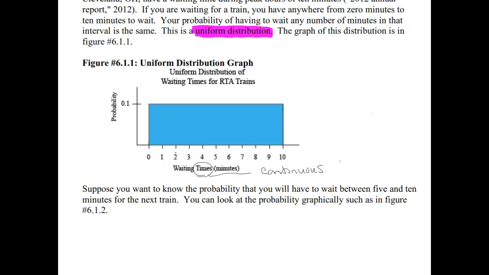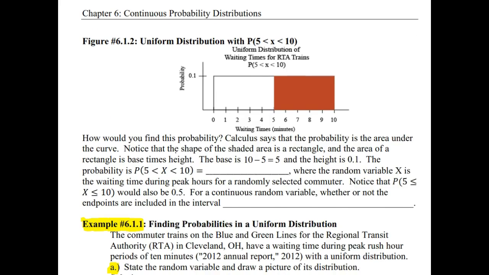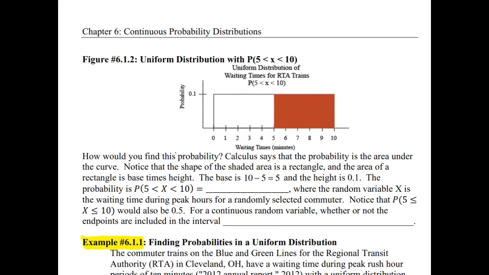Suppose you want to know the probability that you will have to wait between 5 and 10 minutes for the next train. We're going to look at this probability graphically for these continuous random variables. Here we start with the uniform distribution from 0 to 10, and we want the probability of getting an x between 5 and 10.